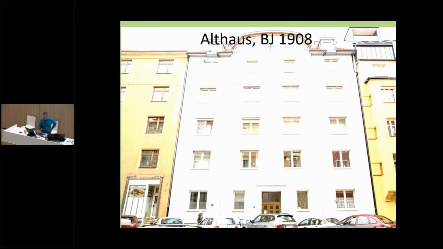This is insulated with 8 centimeters of cork. It was done in 1996, and it's altogether about 1,100 square meters gross floor area. It's west and east. This side is the east side. There are no solar gains in winter, but very high solar gains in summer. So I have a real cooling problem.